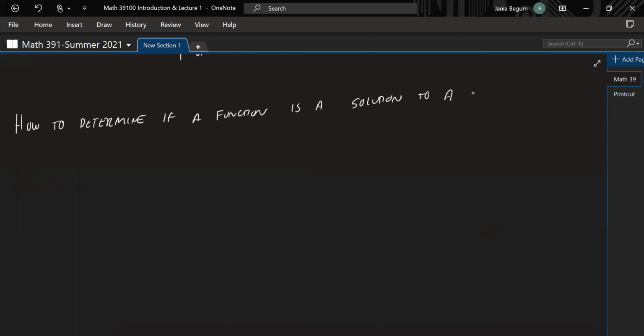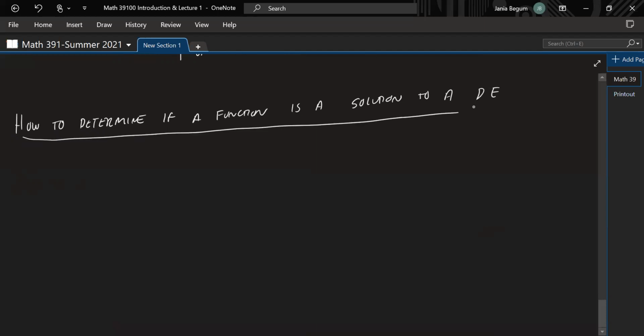That's the next section we want to talk about. Let me give you an equation, and I will also give you a function. And I want you to tell me, how would you know if that function is a solution? That's the next thing we want to do.